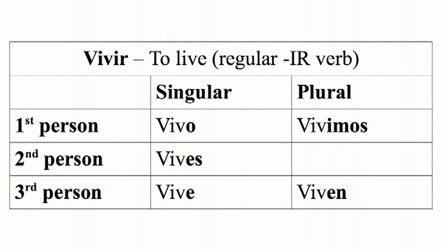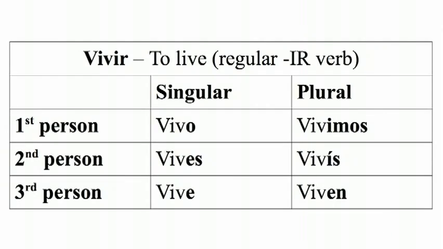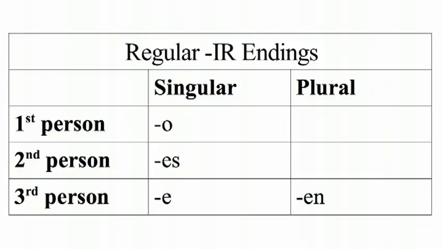Nosotros vivimos. The ending is I-M-O-S. Now, the vosotros form is a little different, and you won't use it that often anyway, so I'll just give it to you straight. It's just an I with an accent and then an S. Vivís. You live. But remember, you only use this form when you're in Spain, talking to a group of friends or people you're very comfortable with.